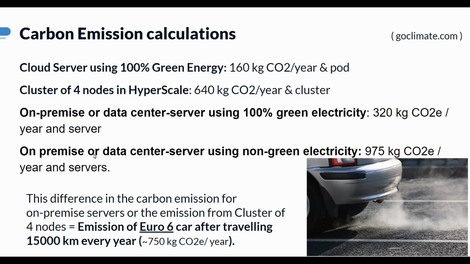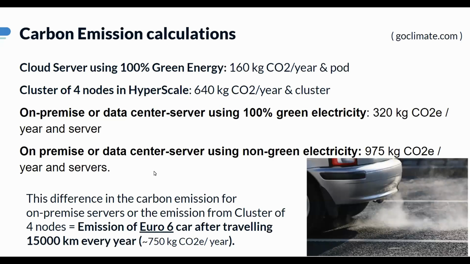And Azure data center servers that are not using green electricity produce a total of 975 kgs of CO2 per year per server. So the whole gap, the difference between using non-green electricity and green electricity, is 975 minus 320, which comes to nearly 655 kgs of CO2.